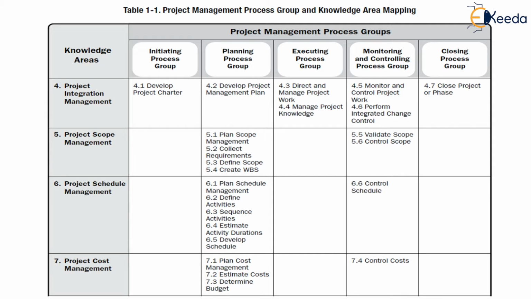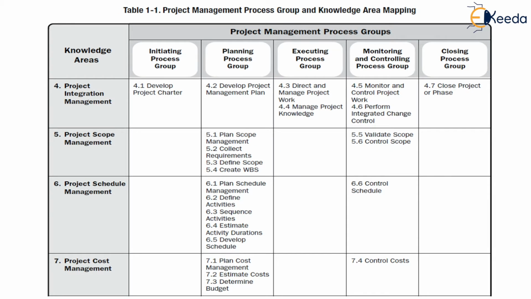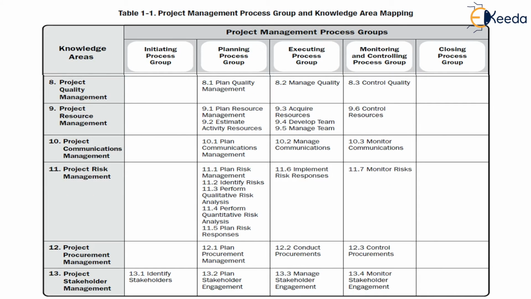The monitoring and controlling process group, which, similar to the planning process group, moves throughout the entire life cycle, usually relates to each and every knowledge area, while the closing process group has the close project or phase process, which interacts with the project integration management knowledge area.